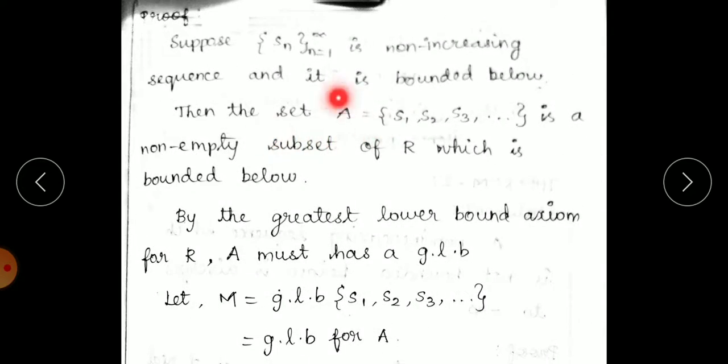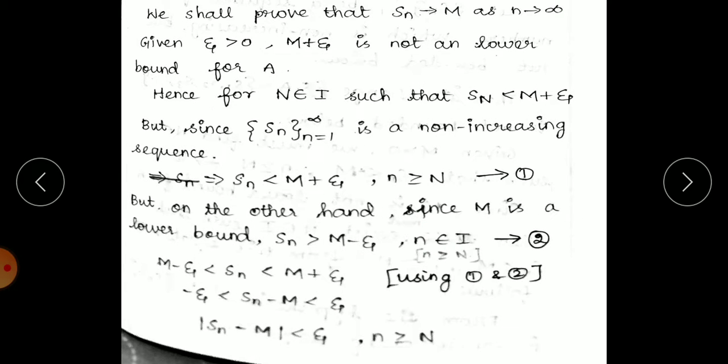So let us take that the set S1, S2, S3 is a non-empty set of R which is bounded below. So by the greatest lower bound axiom of R we must have the GLB. So M can be written as the greatest lower bound of that set. So we shall prove that Sn tends to M as n tends to infinity.